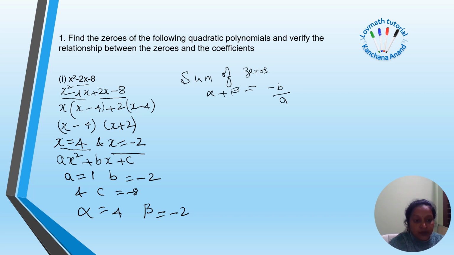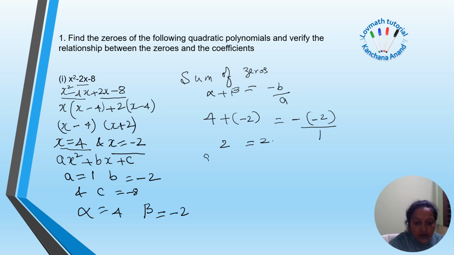Here b is the coefficient of x and a is the coefficient of x square. So here 4 plus of minus 2 is equal to minus of minus 2 divided by 1, because the coefficient of x square is 1 and the coefficient of x is minus 2, and this becomes 2 is equal to 2.